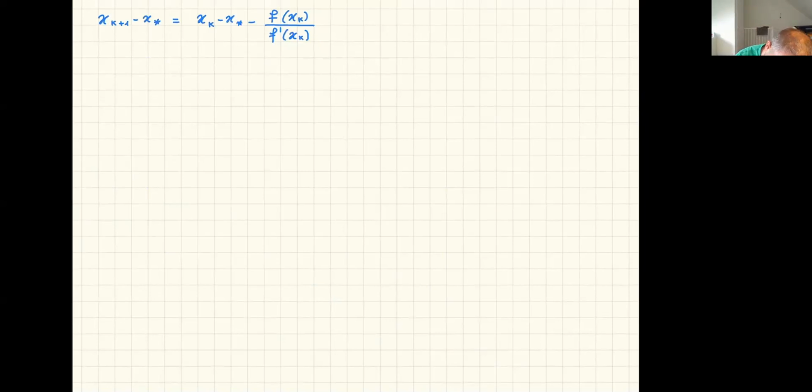And at this point, what I can do is manipulate this thing a little bit. If I'm honest, the reason why I don't stop here, and the reason why I'm proposing to you to manipulate this a little bit further, is simply because in the back of my mind, I know that somewhere Newton's method will have to come up. And so what I would like to appear is a group that multiplies xk minus x star times f prime.